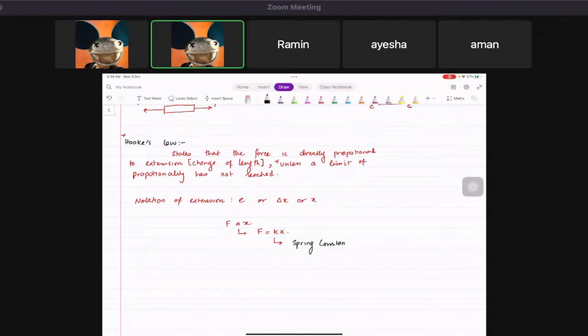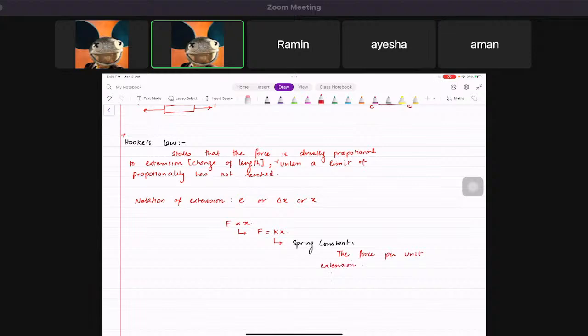You need to introduce a constant then, and spring constant is basically defined as the force per unit extension, right?